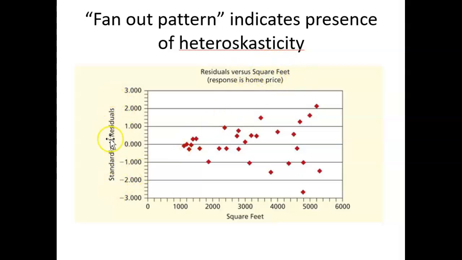On the vertical axis we've plotted the standardized residuals. You can also plot just the raw residuals themselves. But as you go from left to right, the vertical distance between the lowest residual and the highest residual increases. That's called the fan out pattern.